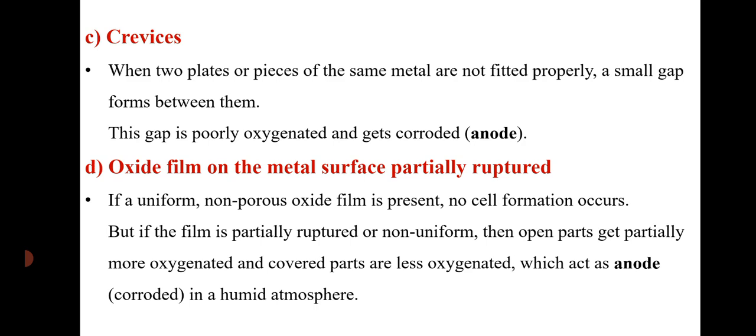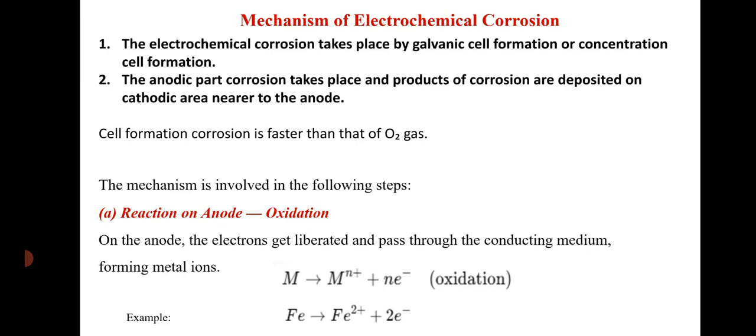Now, let us focus on the mechanisms of these electrochemical corrosions. Electrochemical corrosion occurs due to galvanic cell formation or concentration cell formation. Corrosion always occurs at the anodic regions, and the corrosion products are deposited near the cathodic regions, and this occurs faster than dry corrosion. Now, in the anodic reactions, oxidation occurs, where the metal loses electrons and forms metal ions.